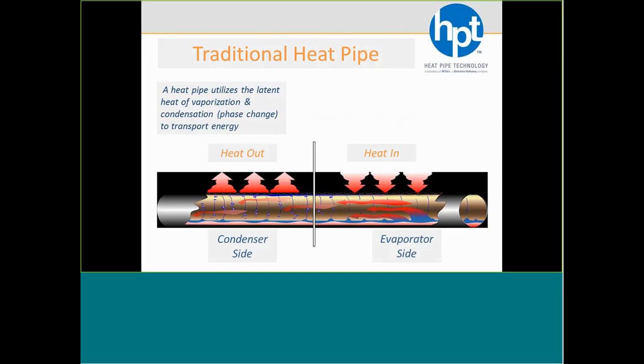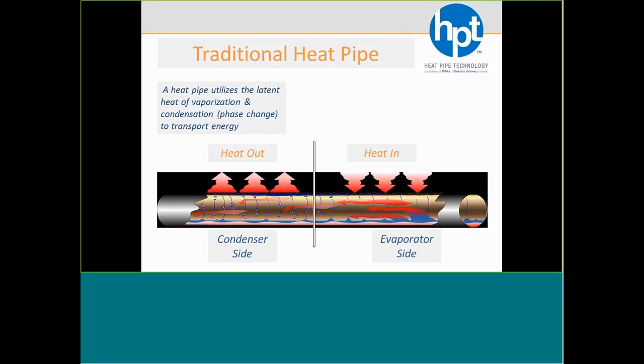So that right there is a basic heat pipe. As it's known today, it's simply a tube. It's got refrigerant in it. If there's no delta T, the refrigerant's just going to sit there. But as soon as you apply heat to one side, that refrigerant is going to pick up that heat.